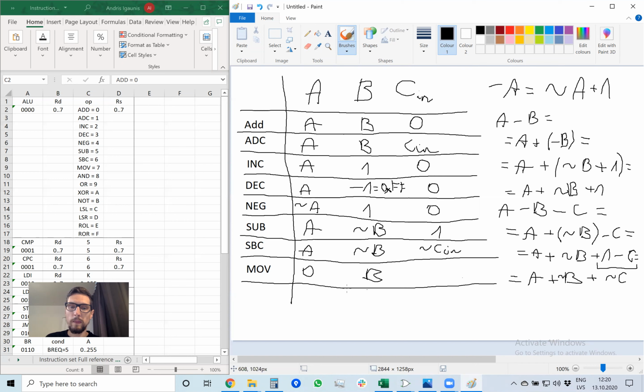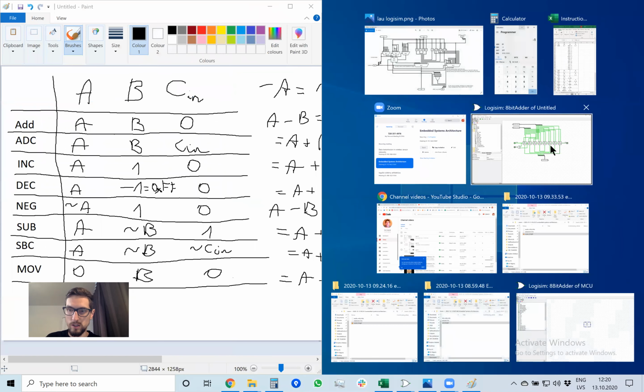So copying is simply, instead of A, we take 0, for B, we take B, and for carry in, we take 0. And as a result, the result is just equal to B, and if we store it back in A, it means that we have moved B into the resulting register A. So this is how we can make all of these functions using only a simple 8-bit register and with some multiplexers. So let's go ahead and try to do it in Logisim.